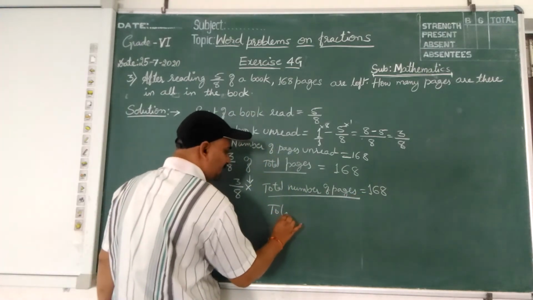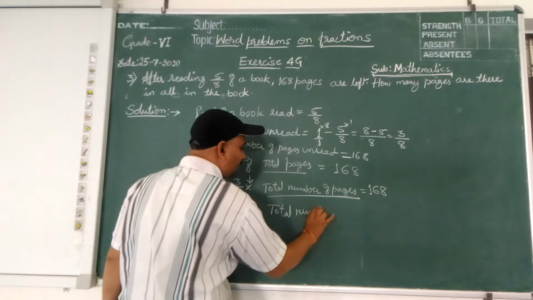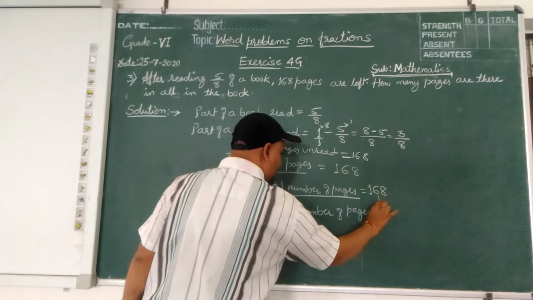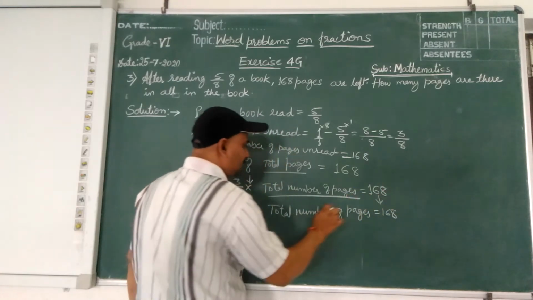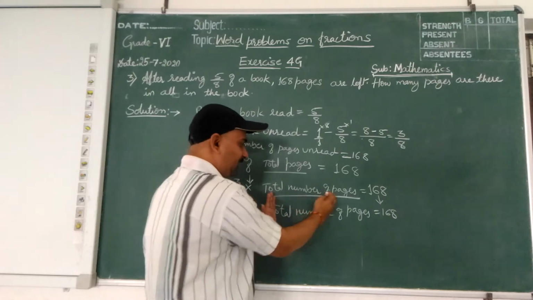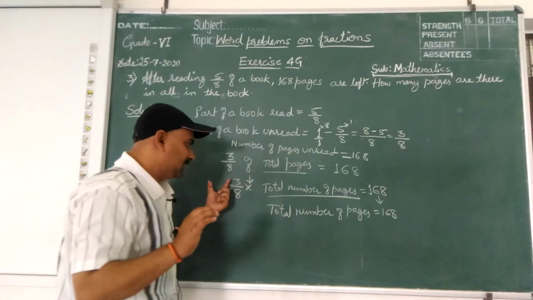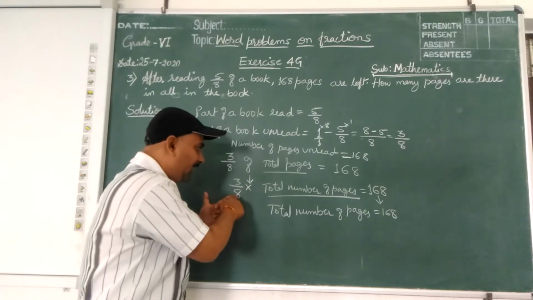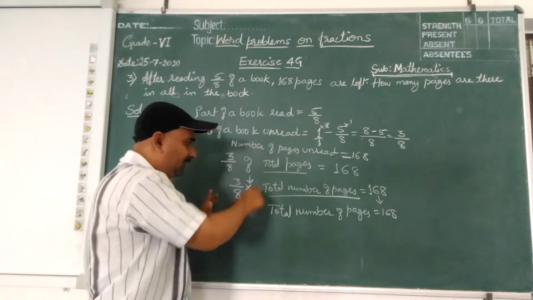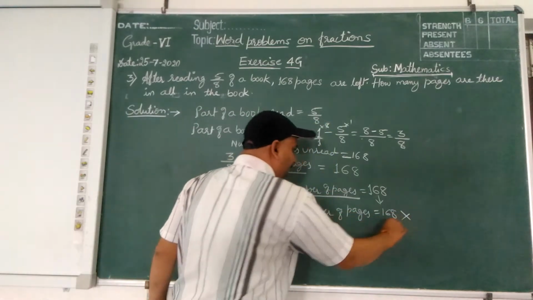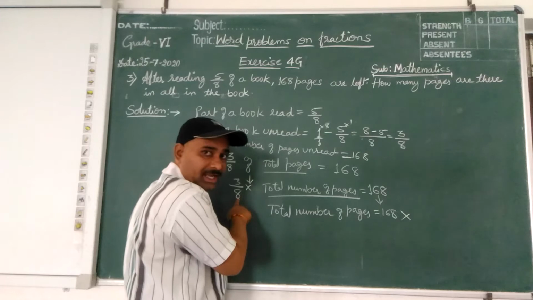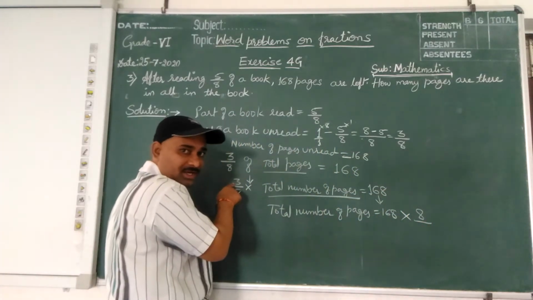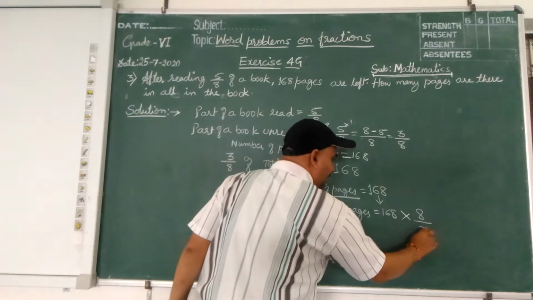Keep it as it is. This we have to find out. This also I will write down as it is. The numbers at the left side and right side are kept as they are. This numerator 3 and denominator 8, when I take this to the right side, the denominator number 8 goes to the numerator and the numerator 3 comes to the denominator.